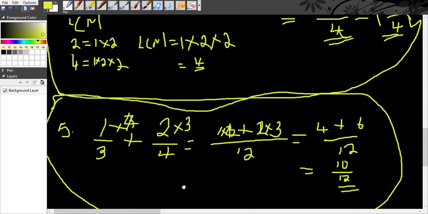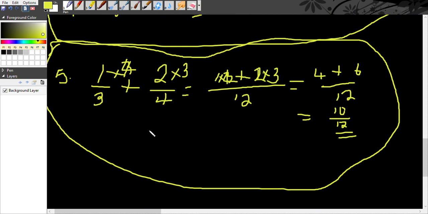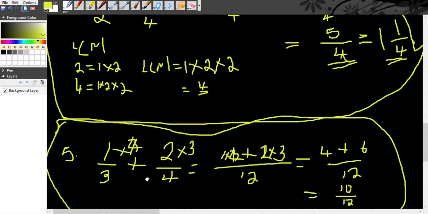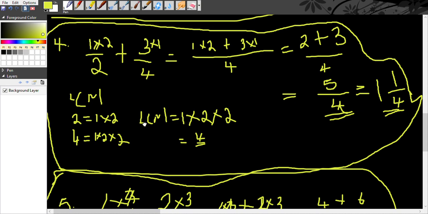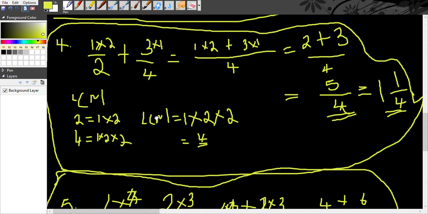In fractions with different numerators and denominators, we did two types of example. One example was whereby one of the denominators was actually the lowest common multiple. In other words, it was the lowest number in which the two denominators could go without leaving a remainder.